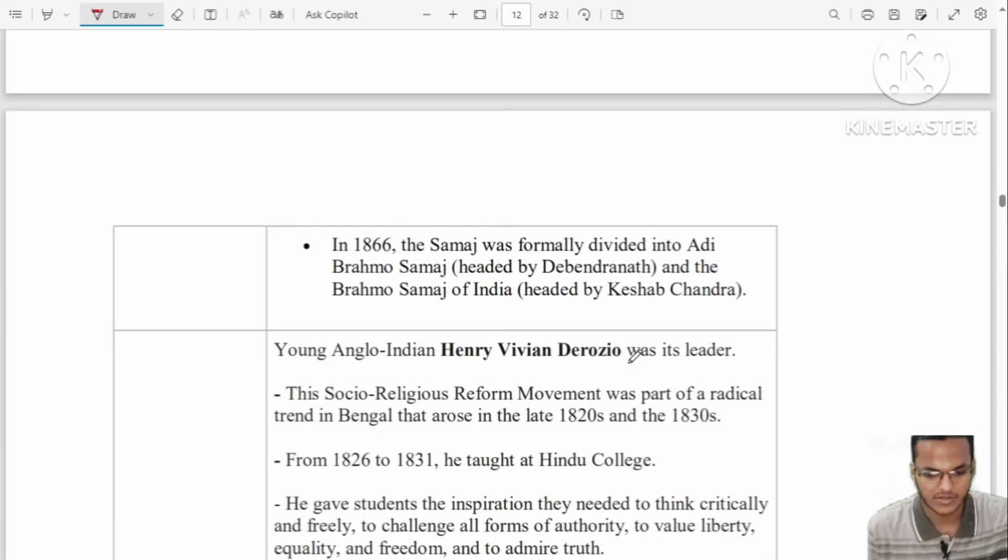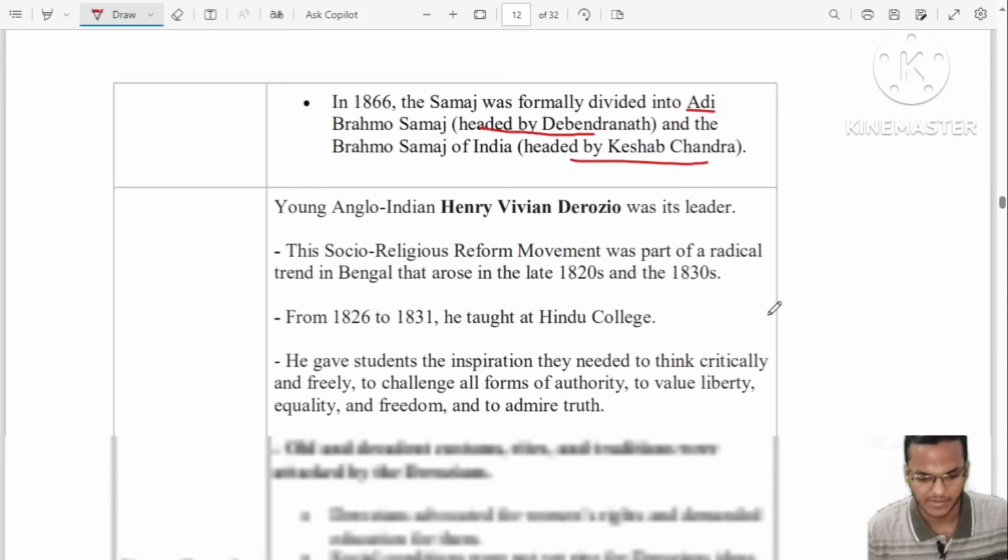Universalism in religion was also started by Keshav Chandra Sen. The Brahmo Samaj was divided in 1866: the Adi Brahmo Samaj, headed by Devendranath Tagore, and the Brahmo Samaj of India, headed by Keshav Chandra Sen.